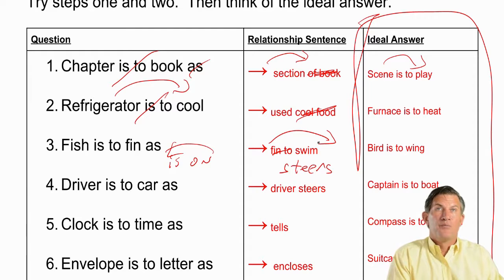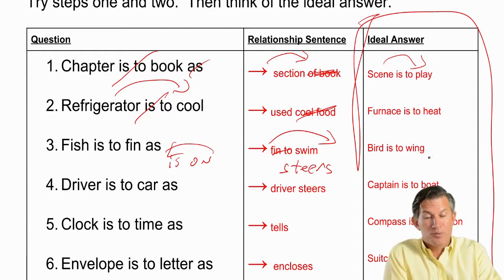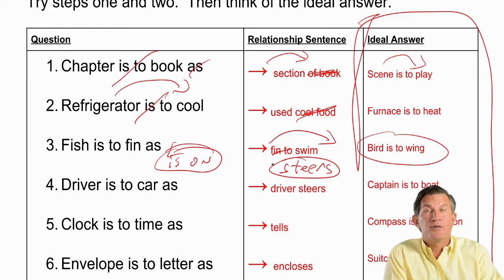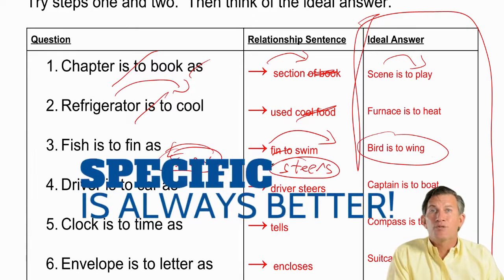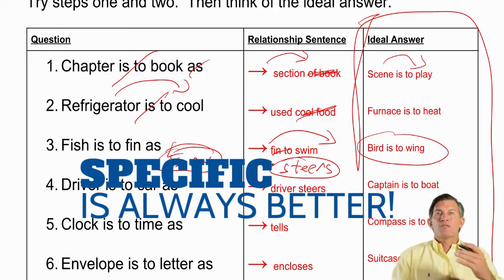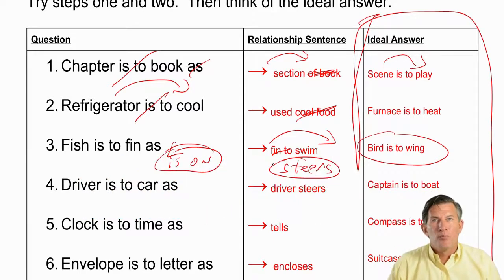Now, a bird steers with its wing, so this would be a perfect one if it was there. But this is a vague one, and this is a specific one. Which one is better in analogies? A specific sentence or a vague sentence? Specific is always better. So try to come up with a secondary sentence that's a little more specific if you get stuck.